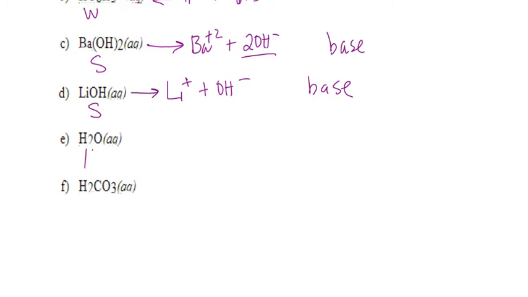Uh-oh, water. It's aqueous, yes, correct. It's weak. Couple reasons. I never said that, but why is water weak? It doesn't fully dissociate, and how do we know that? We just kind of talked about something.